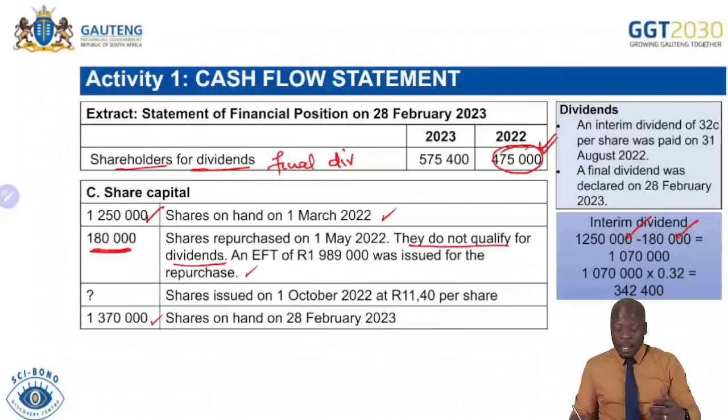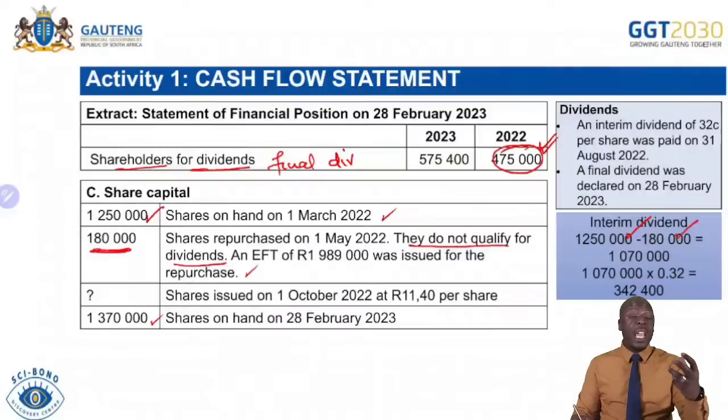So that simply means the 180,000 shares that we have bought back will not receive dividends. In that case, when we're giving interim dividends, we can't give to these 180,000 shares because they have been repurchased. So we must give it to the remaining shares after we have bought back the shares.